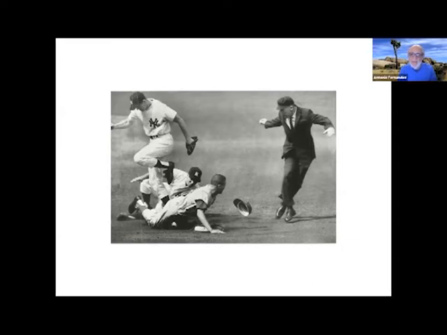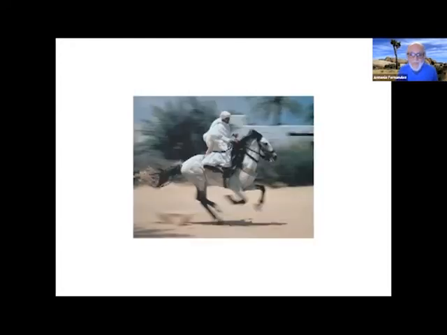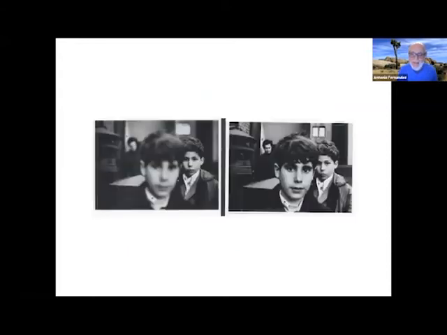You're freezing action with a fast shutter speed, or you have the camera on a tripod with a slow shutter speed to get this effect, or that one. Here you're panning with the camera, moving at the speed of the horse and the rider, and you're stopping that, but the background is blurred.